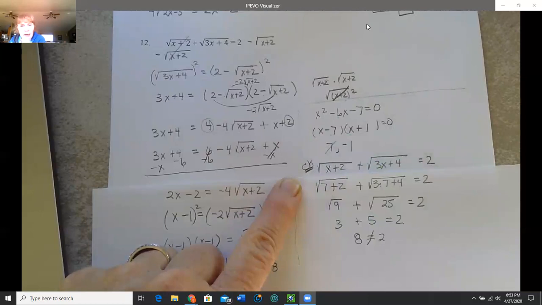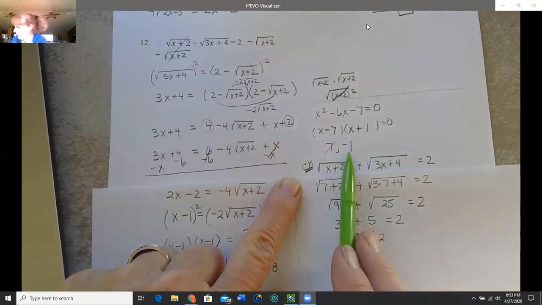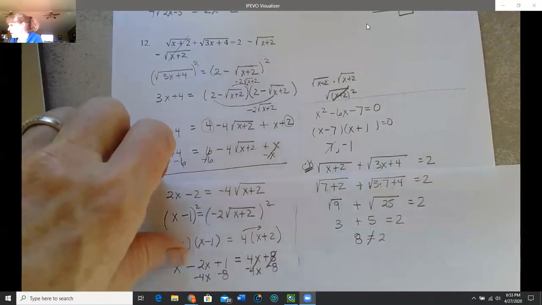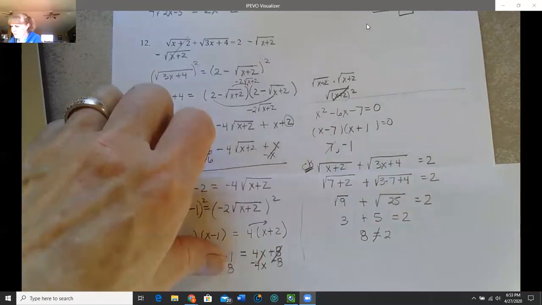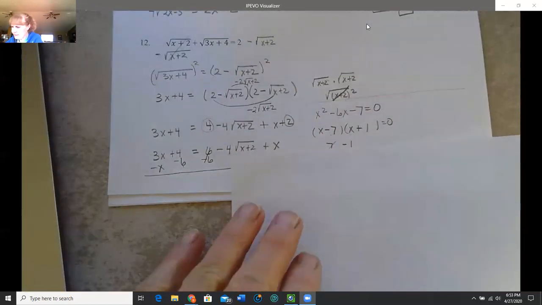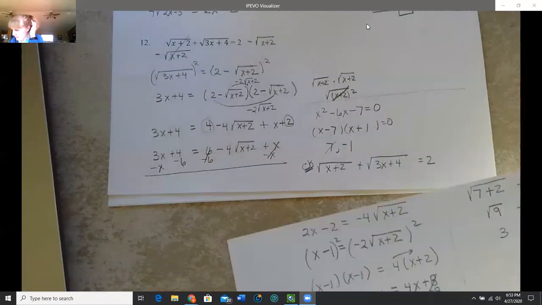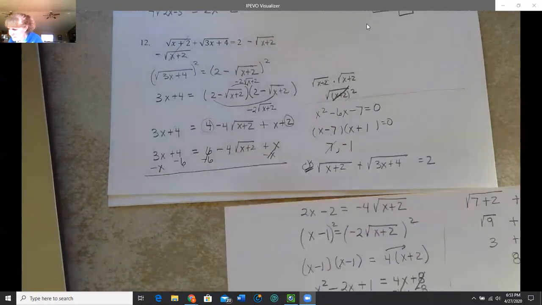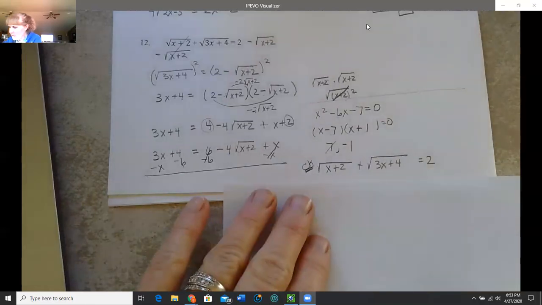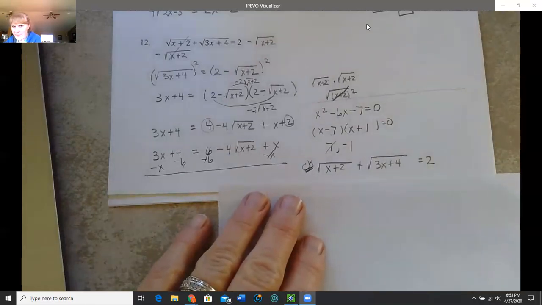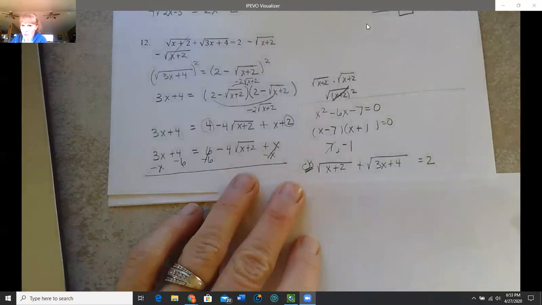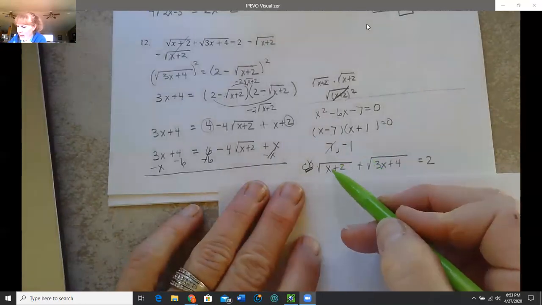Let's go through this same process. Rather than putting in the 7, I'm now going to put in a negative 1. We put in 7, it didn't work. Let's put in a negative 1 now.